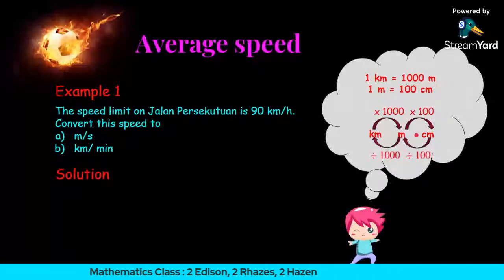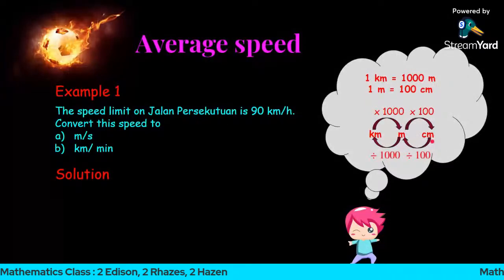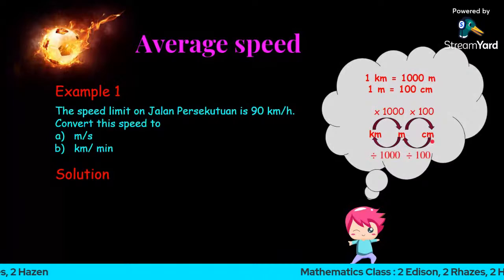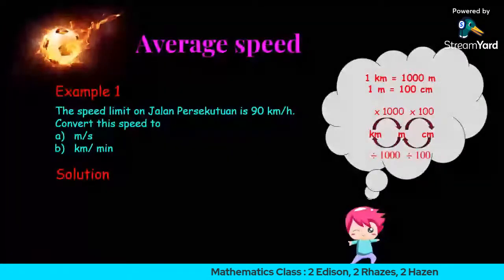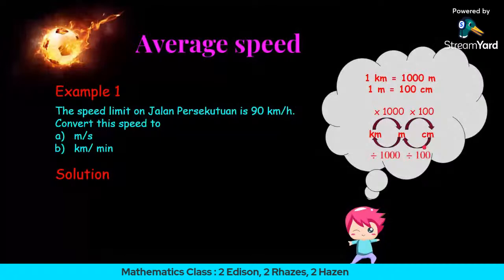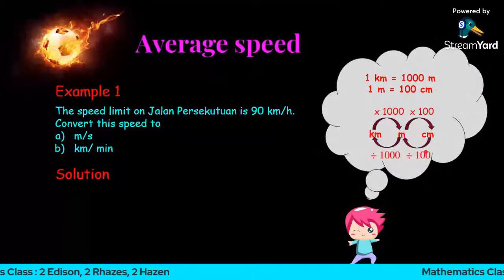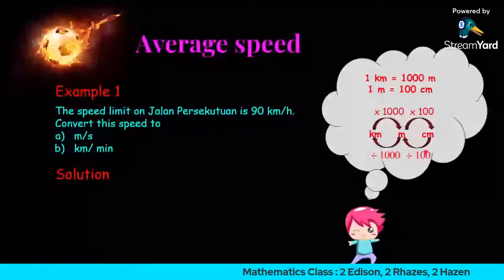The same goes for meter to centimeter: 1 meter equals 100 centimeters, so you times by 100. To convert centimeter to meter, you divide by 100. For meter to kilometer, you divide by 1000.